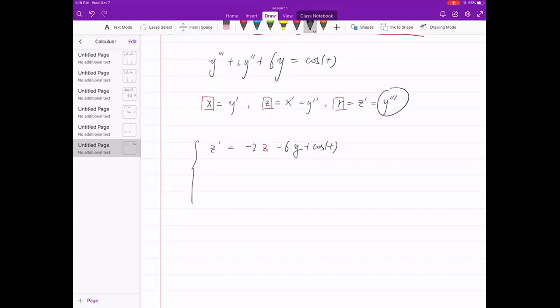Of course, a side effect will be that everything is first order, but you have a system instead.